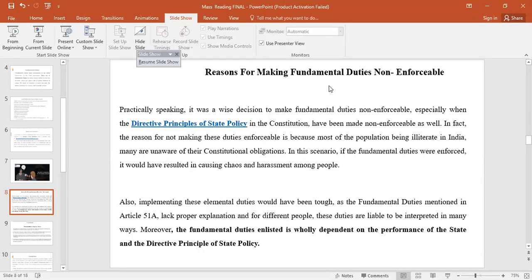In this scenario, if the fundamental duties were enforced, it would have resulted in causing chaos and harassment among people. Also, implementing these duties would have been tough, as the fundamental duties mentioned in Article 51A lack proper explanation, and for different people, these duties are liable to be interpreted in many ways. Moreover, the fundamental duties enlisted are wholly dependent on the performance of the state and the directive principles of state policy.